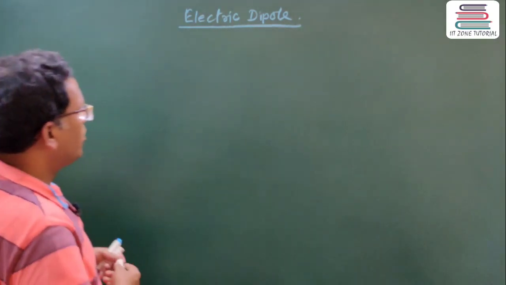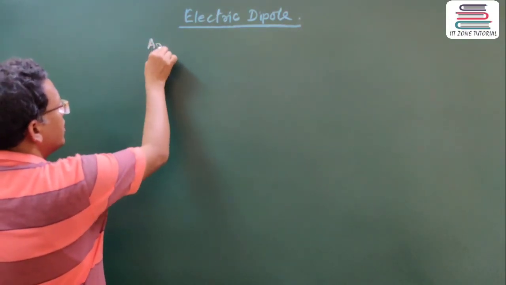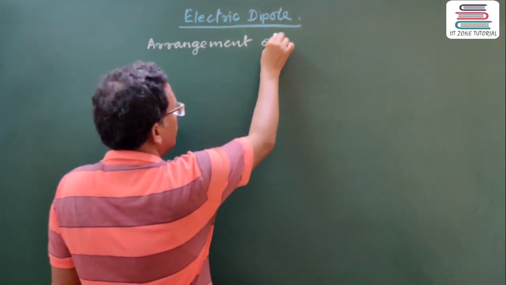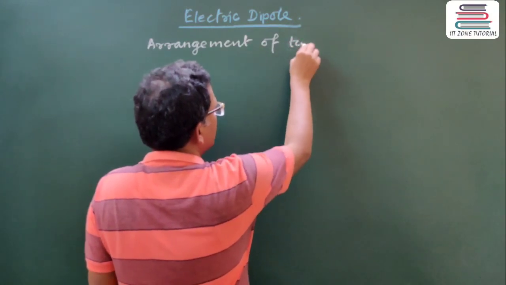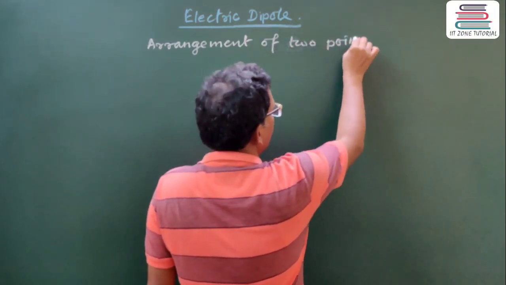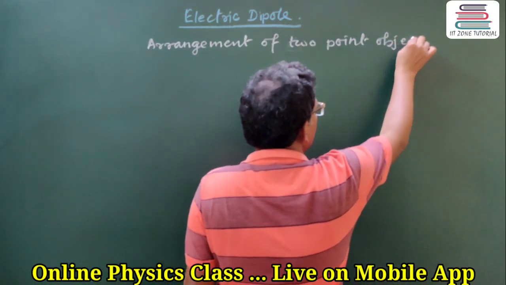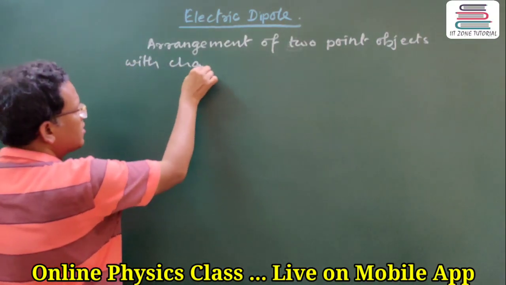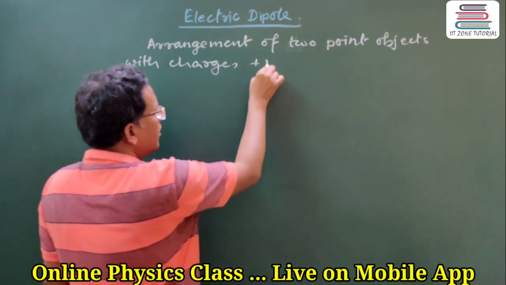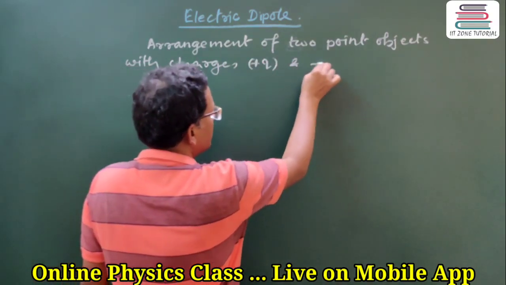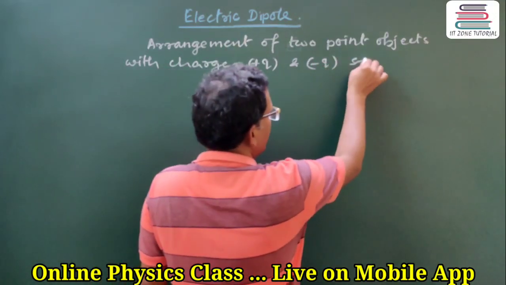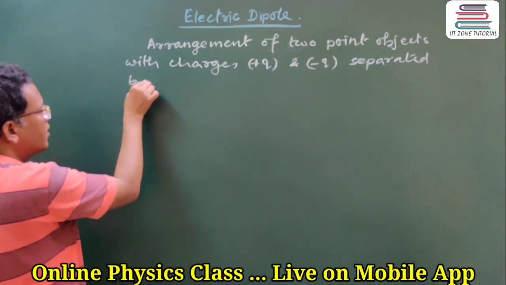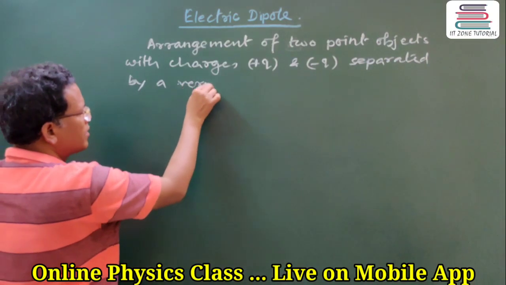An electric dipole is an arrangement of two point objects with charges plus q and minus q separated by a very small distance.